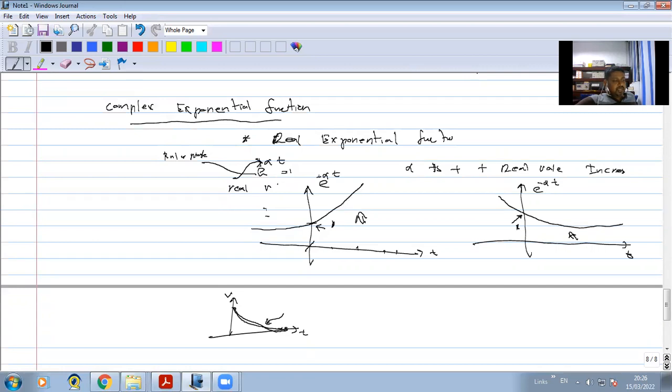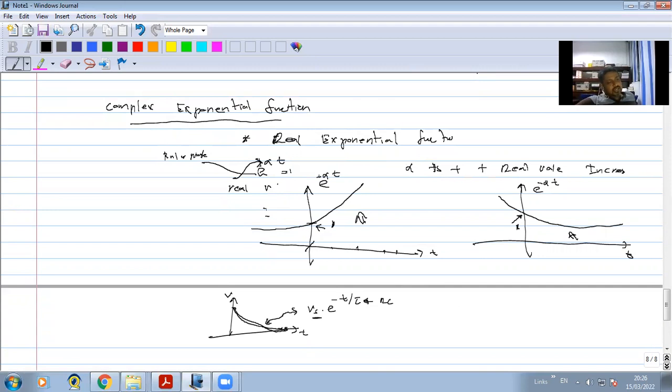As I can remember, it is Vs e to the power minus t by tau. I can't remember the exact equation. This tau is the time constant RC, and Vs is the supply voltage. If you're interested, you can check. Anyway, this is a real-time example for an exponentially decaying signal.